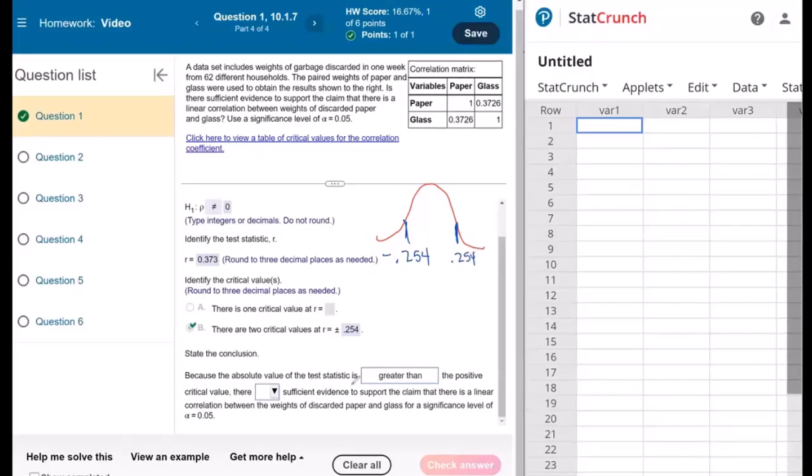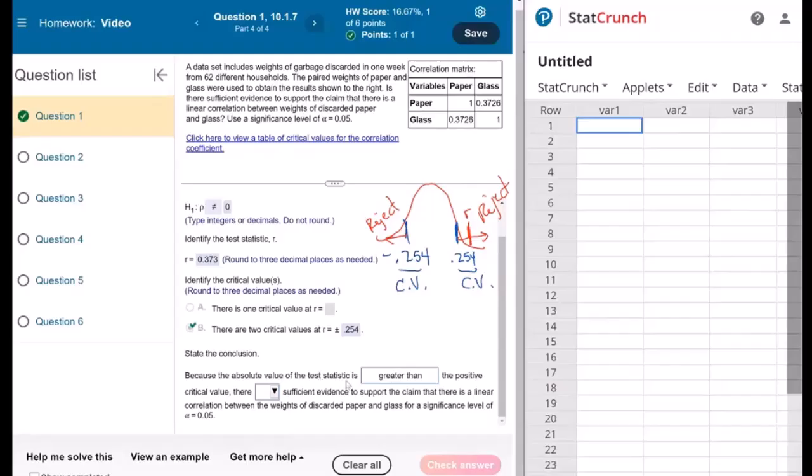Because the absolute value of the test statistic, we're looking at the positive side, it is greater than the positive critical value. These are my critical values. My test statistic is to the right of my critical value. Anything to the right of this or to the left of this is my rejection area.